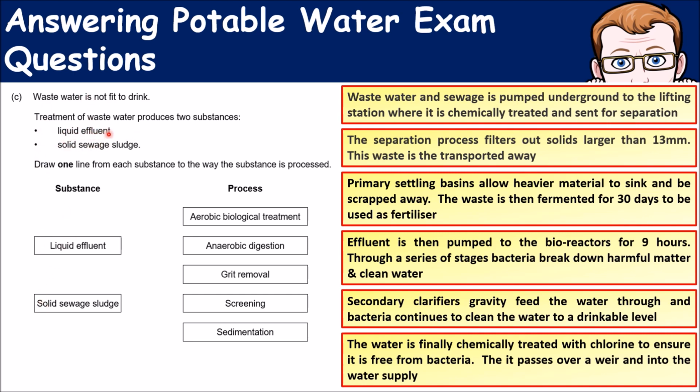In this question, the wastewater is treated. Treatment of wastewater produces two substances, liquid effluent and solid sludge. Draw one line from each.